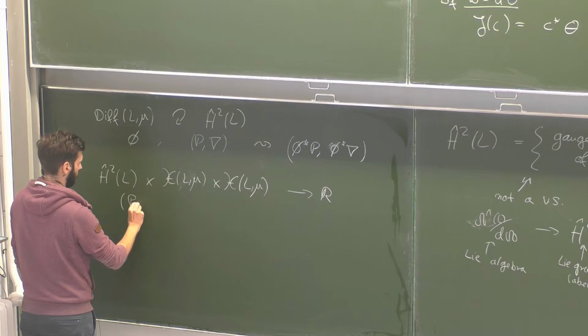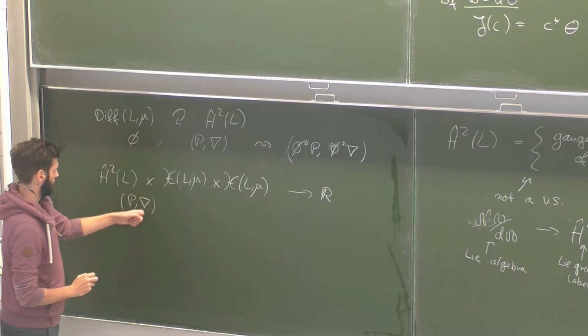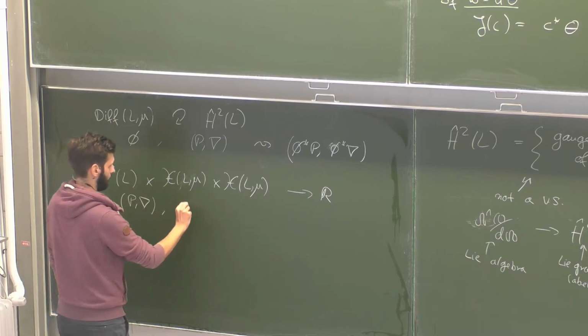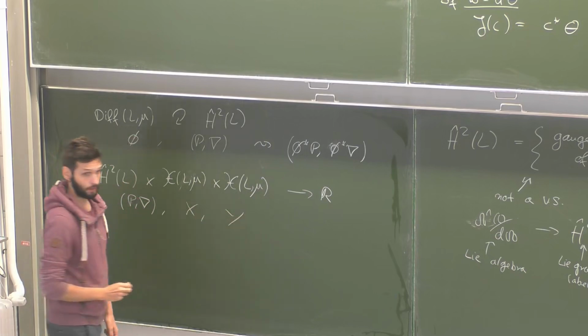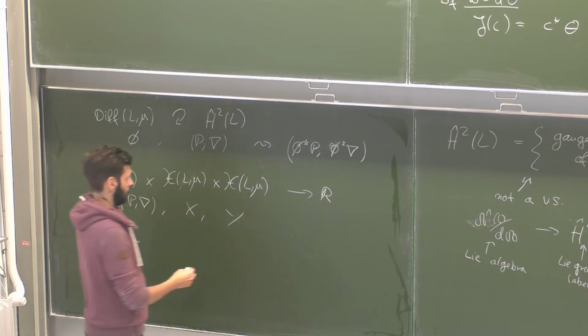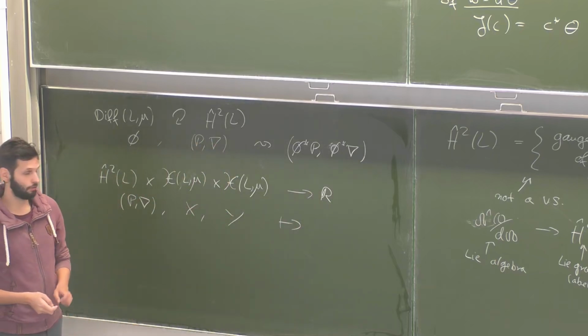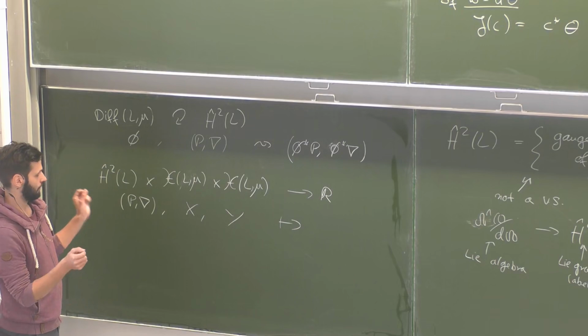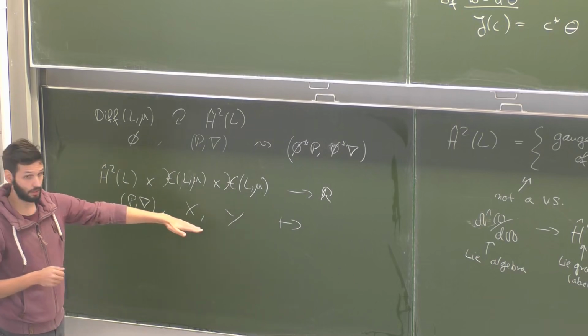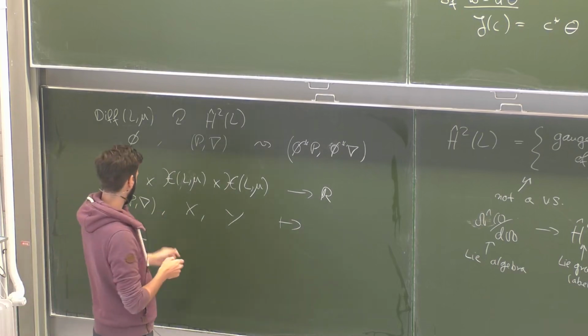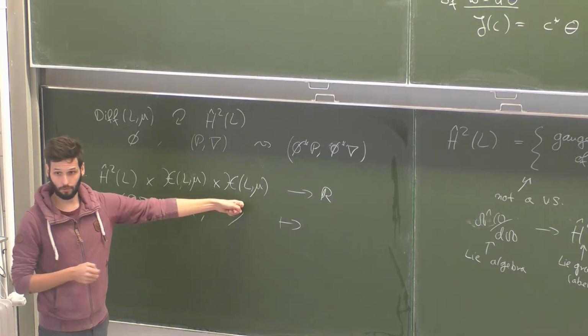So what we do is we have a principal bundle with connection, and we give ourselves two vector fields on L. And essentially, just putting together all the symbols that you have in a natural way, we need to produce something that eats two vector fields.